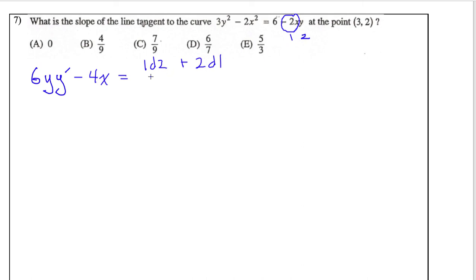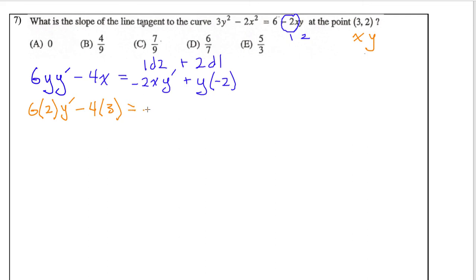So 1 is negative 2x, d2 is y prime, plus 2 is y, d1 is negative 2. As soon as I can, I'm going to plug in. So the x is 3, the y is 2. So this is 6 times 2 y prime minus 4 times 3.